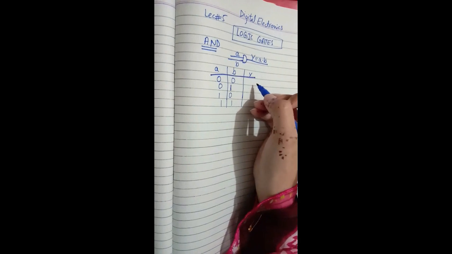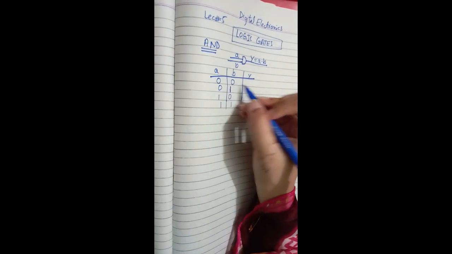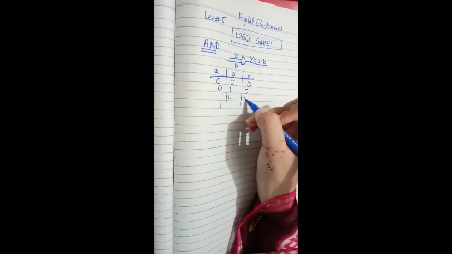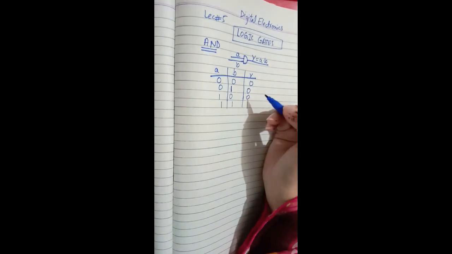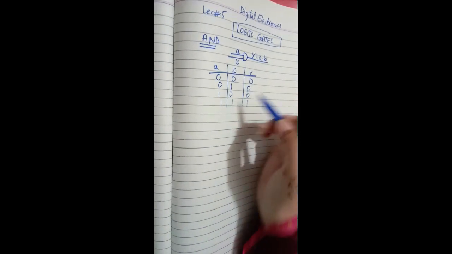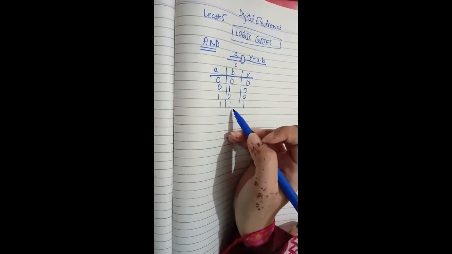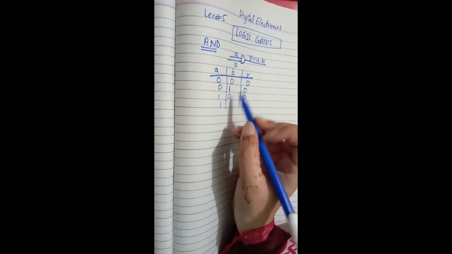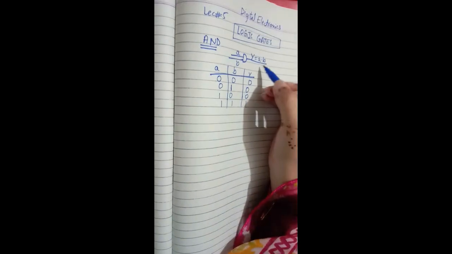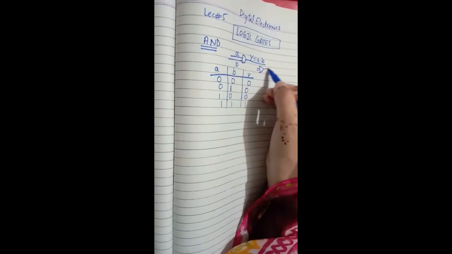By doing the simple multiplication, we have 0, 0, 0, 1. So we see that we have the final result Y equal to 1 when both inputs are 1. So this is the diagram or the symbol we have, like a simple D we have to write.